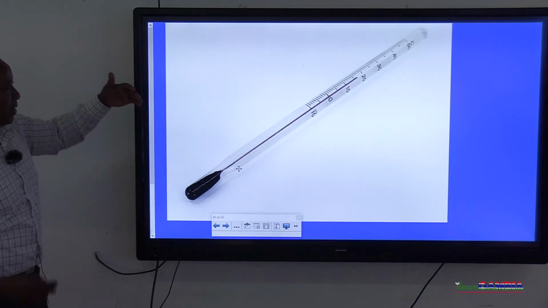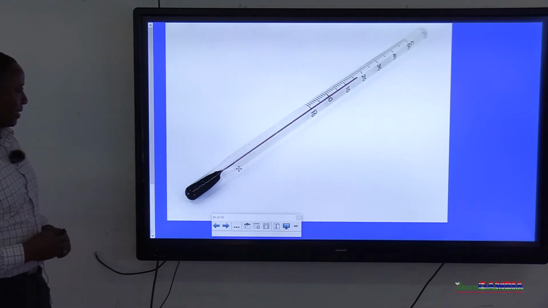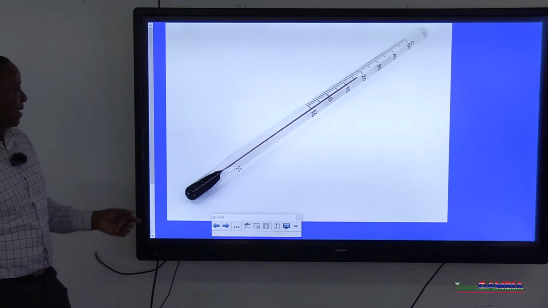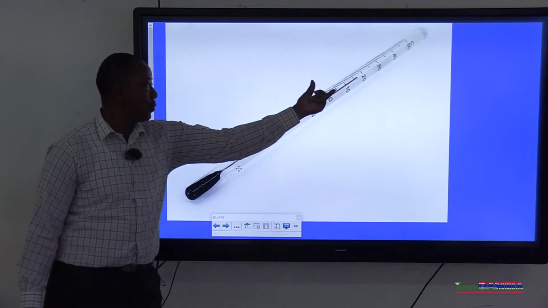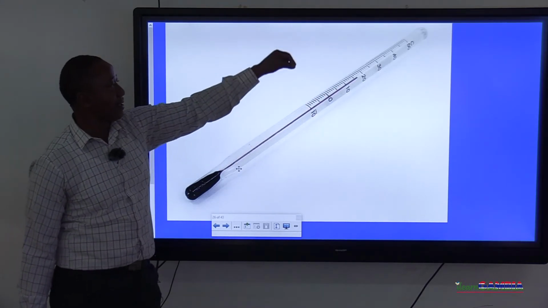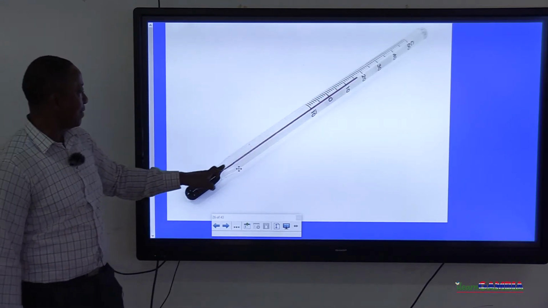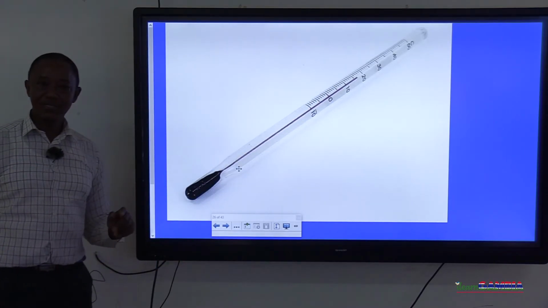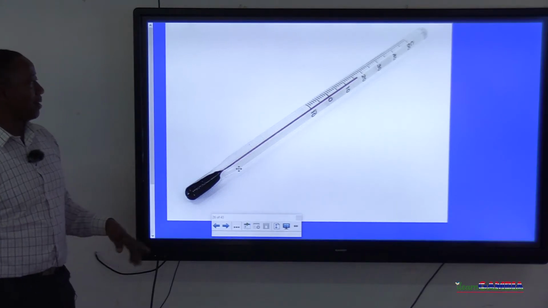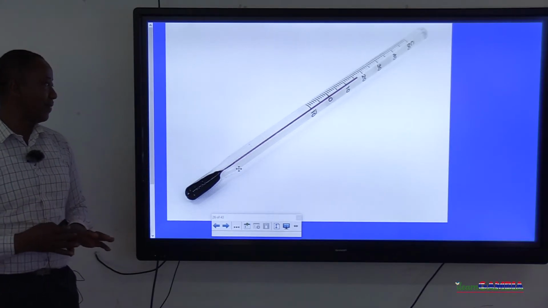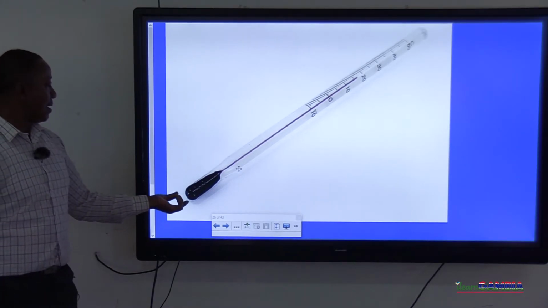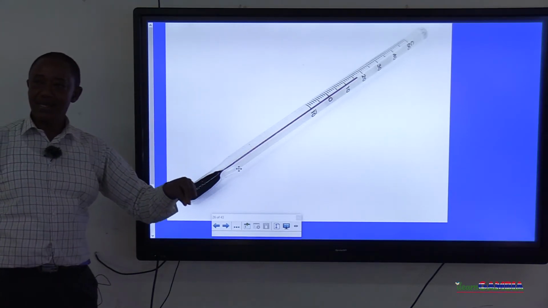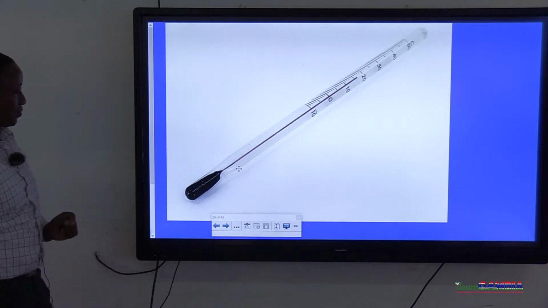Thermometers come in different styles nowadays, but the one that we've been using in the laboratories is a glass tube, and then inside this tube you have another smaller tube, and then you have a liquid that is placed there. Two of the most common liquids are mercury and alcohol. They all have advantages and disadvantages. So what happens is, this point is what you make sure is inside the object whose temperature you want to take.